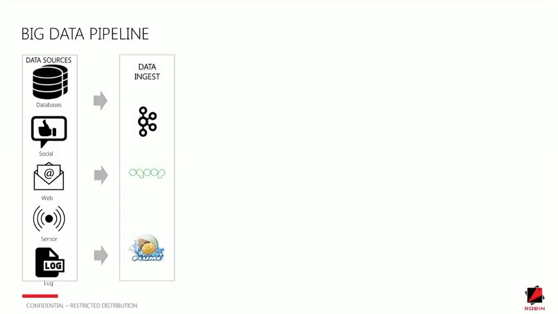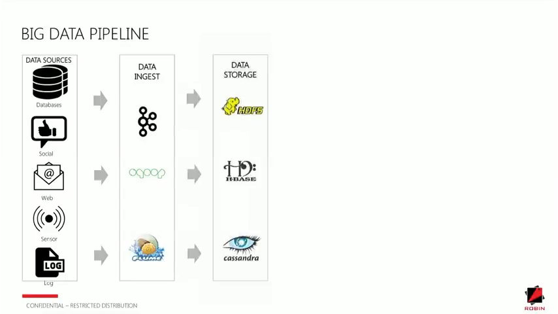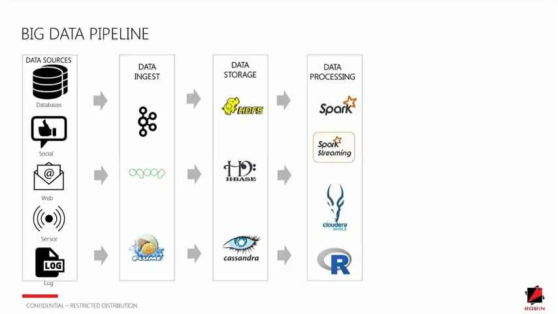Usually it's Kafka or Sqoop or Flume. After they take the data, they put it in HDFS or Cassandra or an HBase store, which then in its raw form is processed usually by Spark Streaming, or somebody would run Cloudera Impala, or even R on the stored data to create the serving view for visualization.